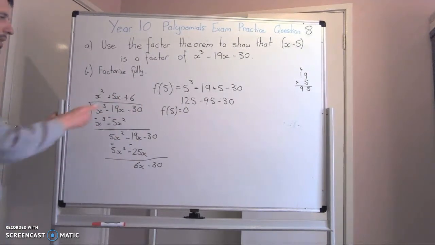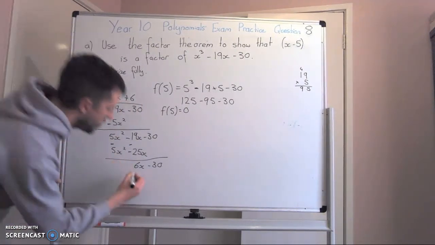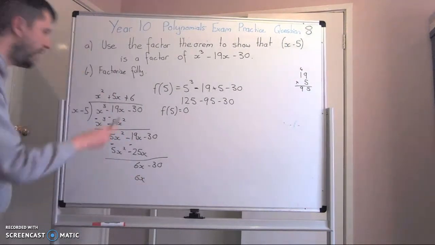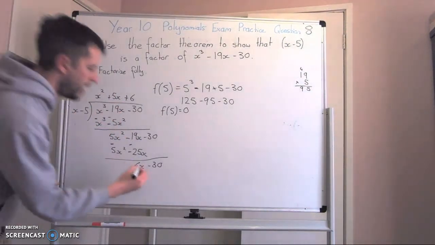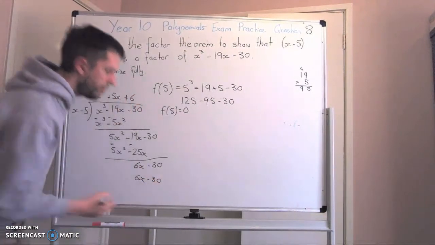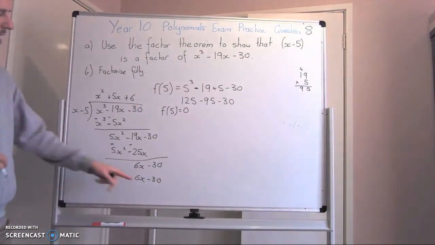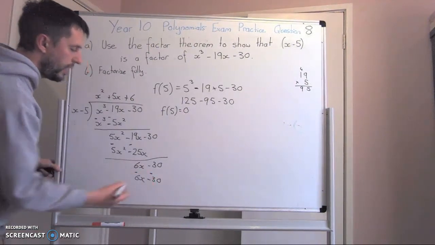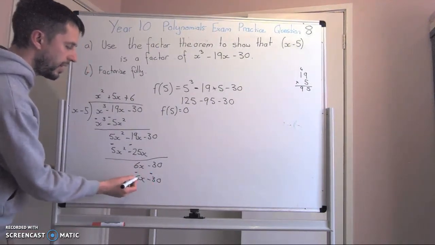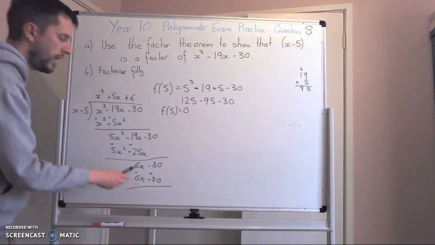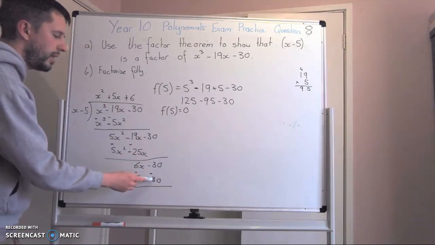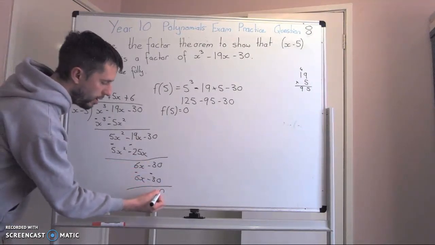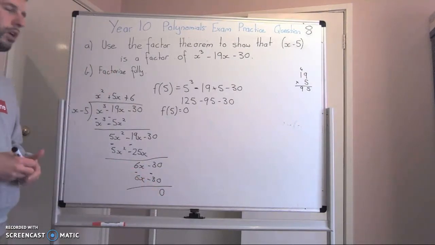And I'll work backwards. 6 times x equals 6x. And 6 times negative 5 equals negative 30. Now, all I need to do is take it away, and I can see 6x take away 6x is 0, and negative 30 take away negative 30 is 0. So I've got nothing left over.